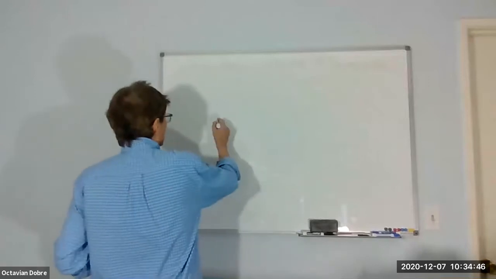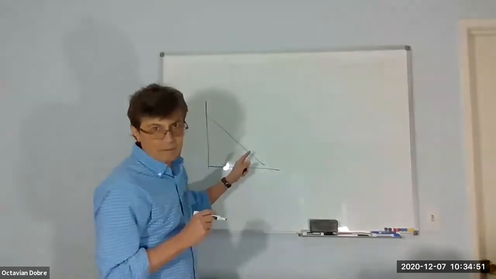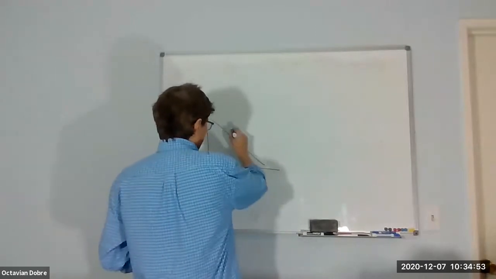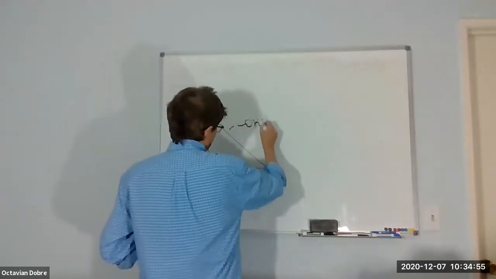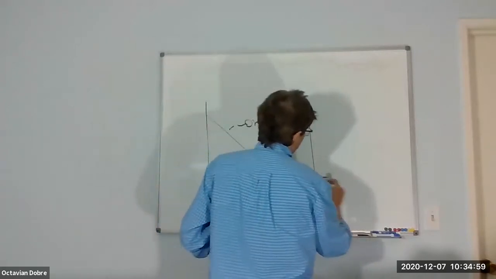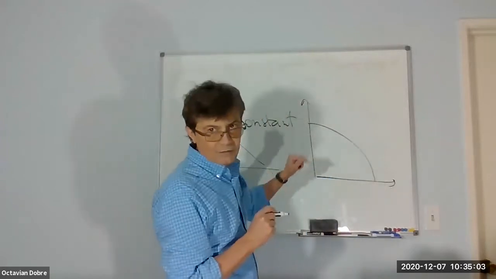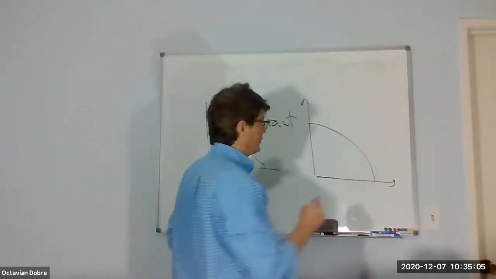So here, this PPC shows constant opportunity cost. And if I showed it to you as bowed out, this shows increasing opportunity cost. All right.